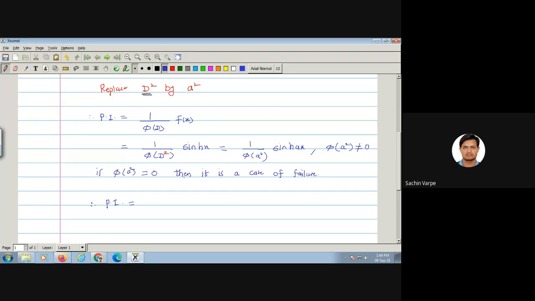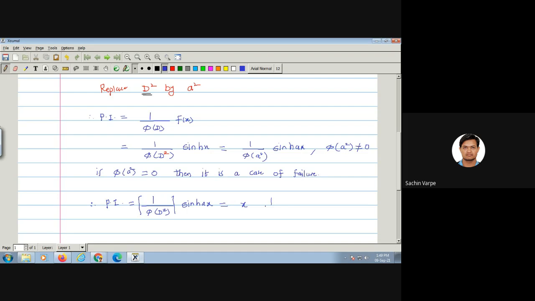And hence, in case of failure, what do we do? We multiply the operator, that is 1 upon phi of D square, hyperbolic sine ax, by the independent variable. Here the independent variable is x.